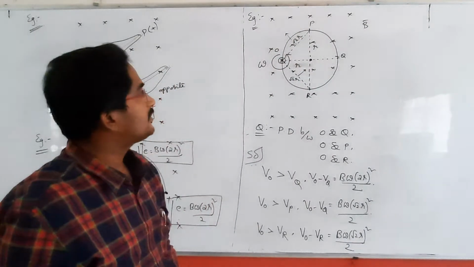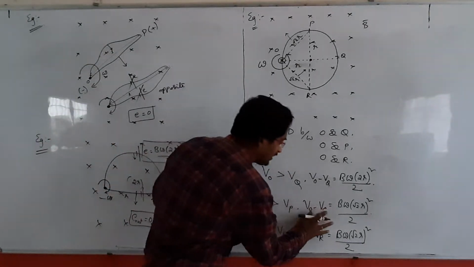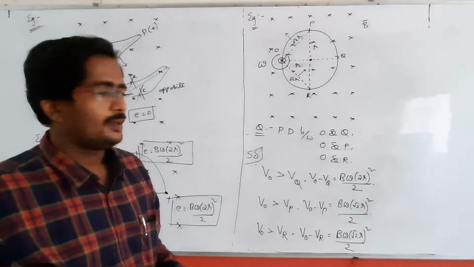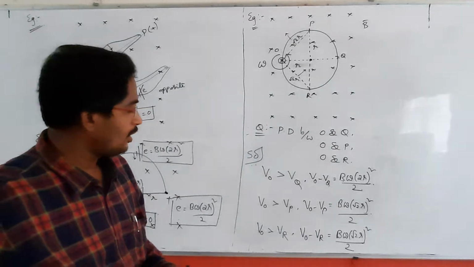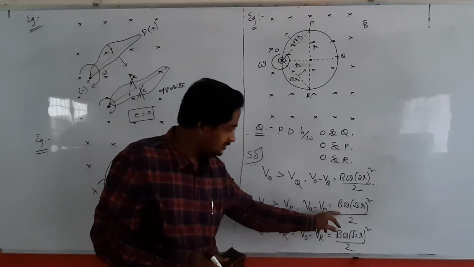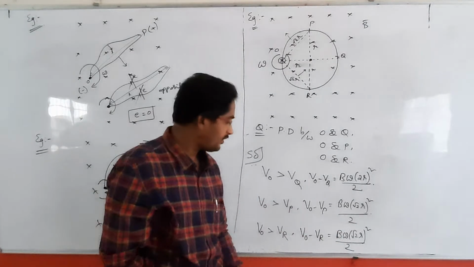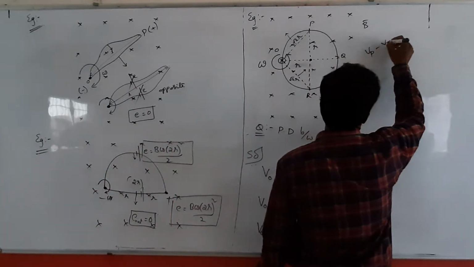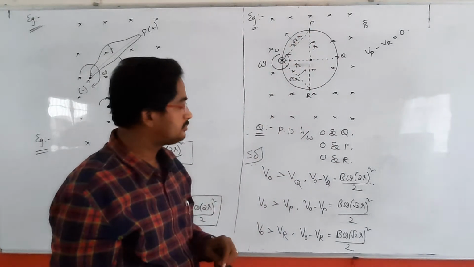From that you may get the potential difference between P and Q, or between P and R. What is the potential difference between P and R? 0, because the values are the same here. So Vp minus Vr is 0 here. P and R are at the same potential.